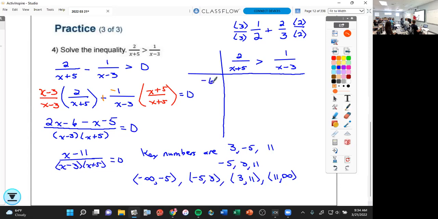-6. Okay, so if we plug the -6 in there, that would be 2 over -1 is greater than 1 over -9. -2 is greater than -1/9.